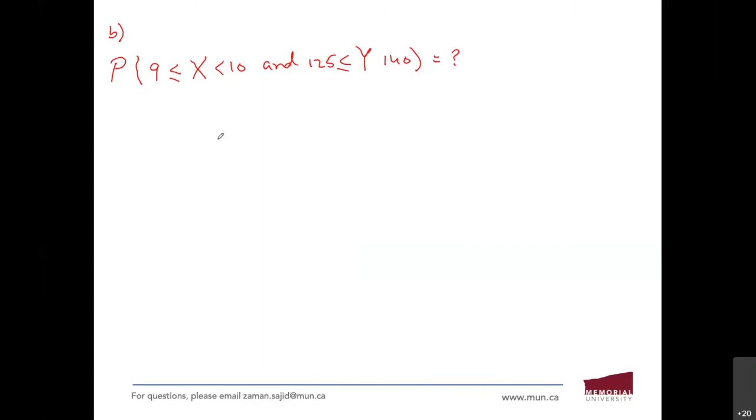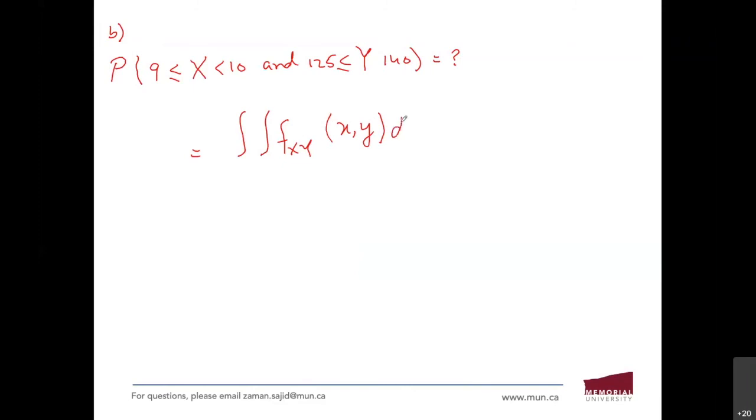Now this term is equal to f of x and y. Because I am using continuous random variables, I will take two integrals. One is for x, the other is for y. So this is my first integral and this is my second integral.